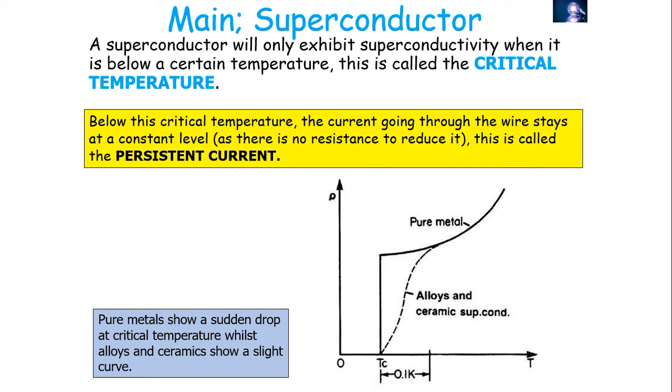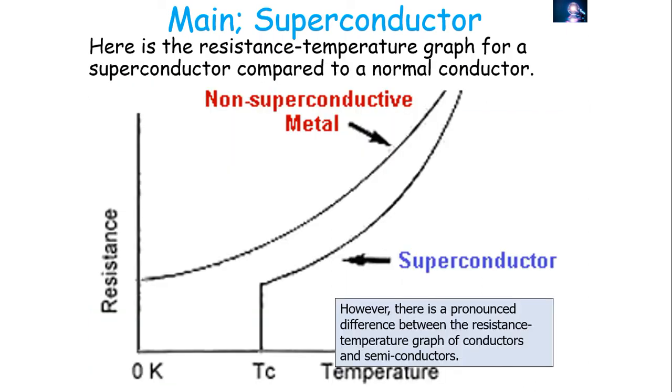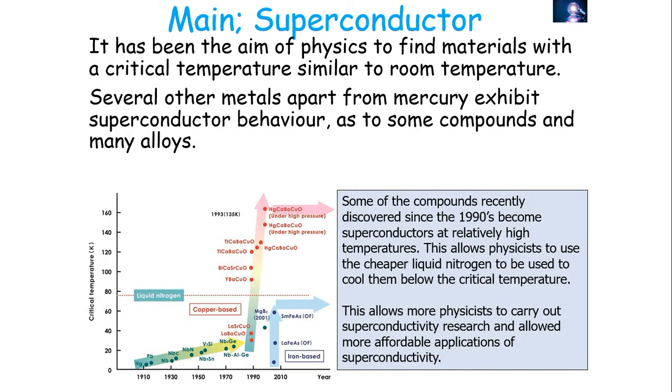Now, just as a little aside, pure metals such as mercury show a sudden drop, whilst alloys and ceramics show a slight curve, as this occurs because they are compositions of different materials, so we'll have a slight difference in properties. Now, not all conductors will act as a superconductor, so there's a pronounced difference between the resistance-temperature graphs of conductors and superconductors.